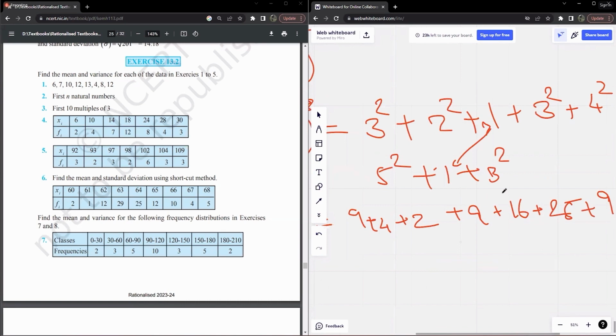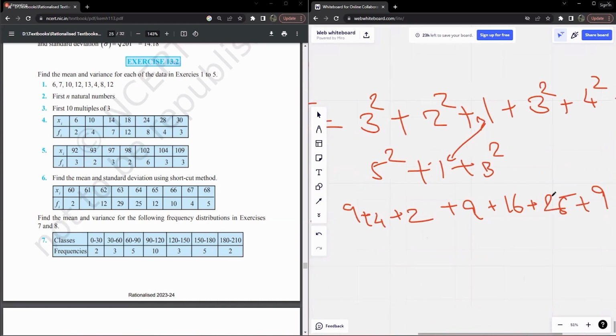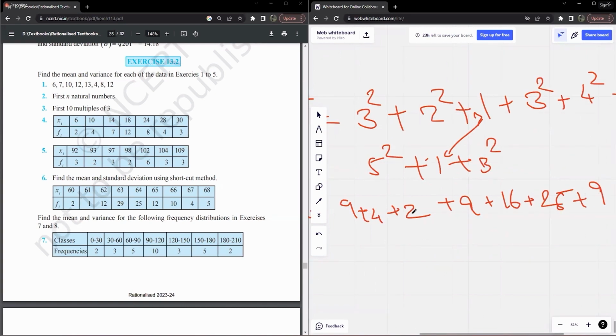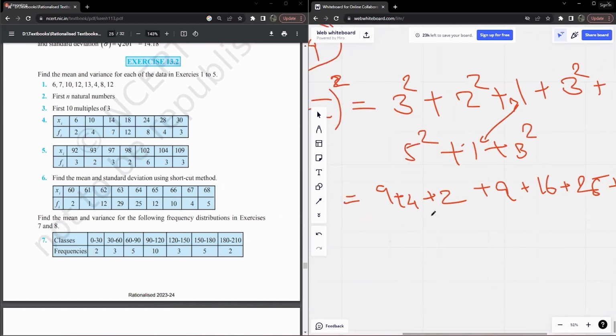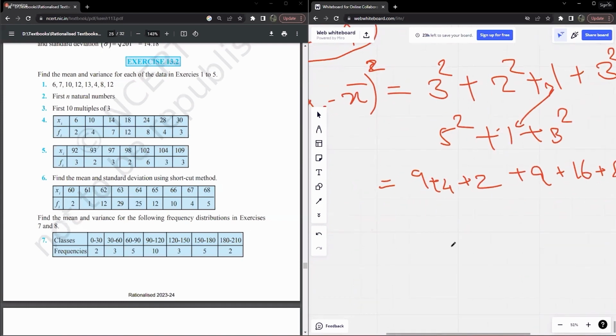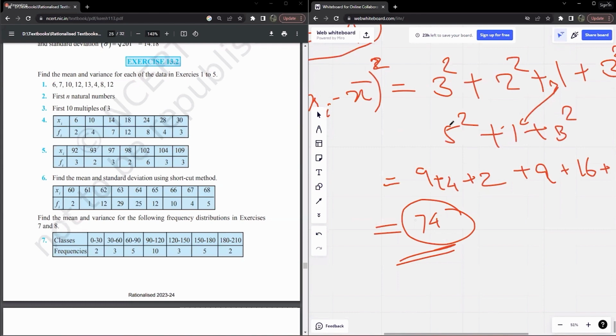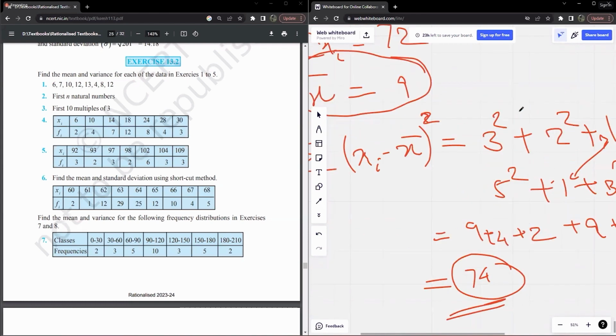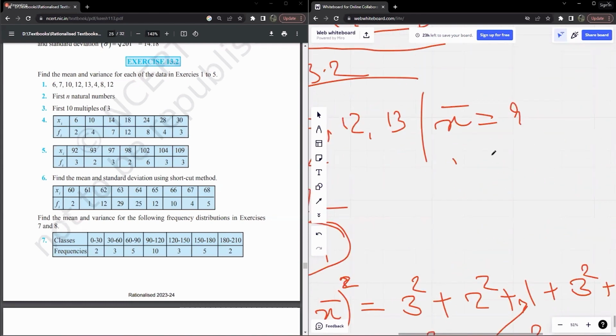So finally we have 9 3s are 27, plus 25, that's a 52. 52 plus 2 is a 54, and a 4 is a 58. 58 plus 16 gives us 74. Therefore, the mean x bar is 9.